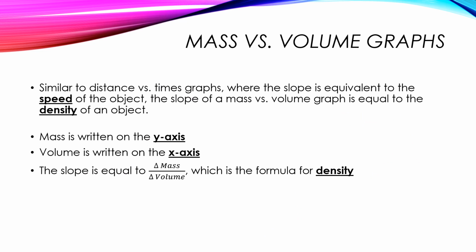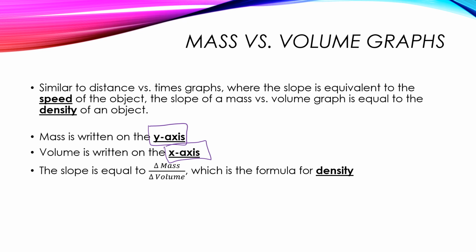So similar to distance versus time graphs, where the slope is equivalent to the speed of an object, the slope of a mass versus volume graph is equal to the density. So it's really important that you understand that if I have a mass versus volume graph, I am able to calculate an object's density based off of calculating its slope. Mass needs to be written on the y-axis though, and volume has to be written on the x-axis in order for this to work.